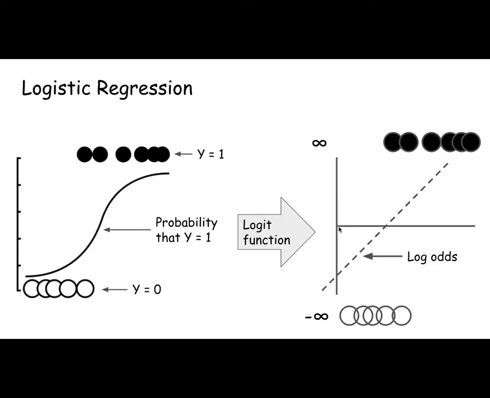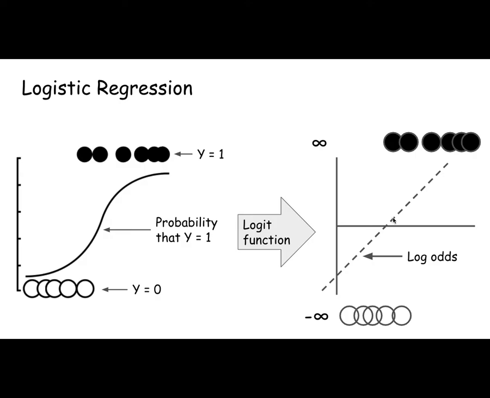So what logistic regression does is it uses something called the logit function. That's where logistic comes from. What they're doing is they're taking this curvy equation and they're taking the log of it and making it a straight line so that they can treat it with the same sort of linear equations that we liked from algebra.